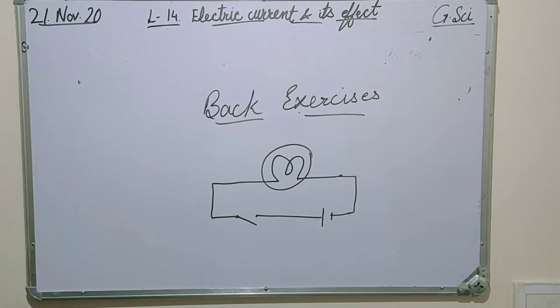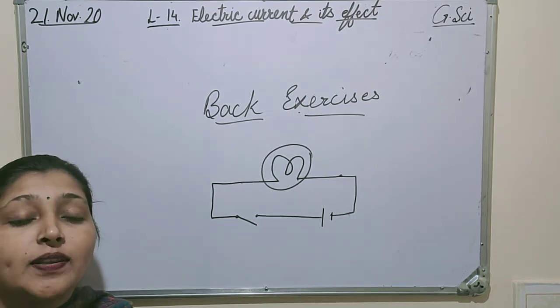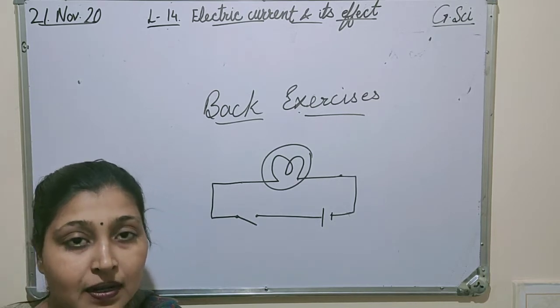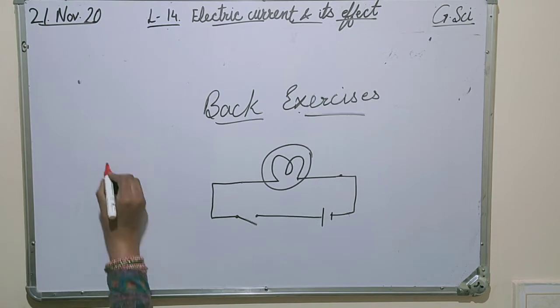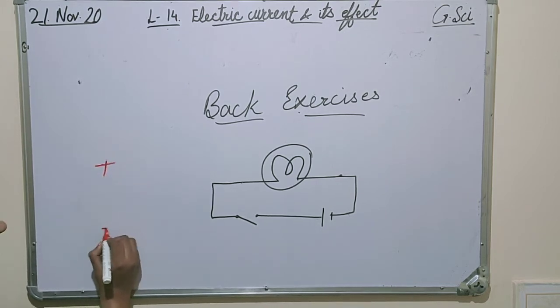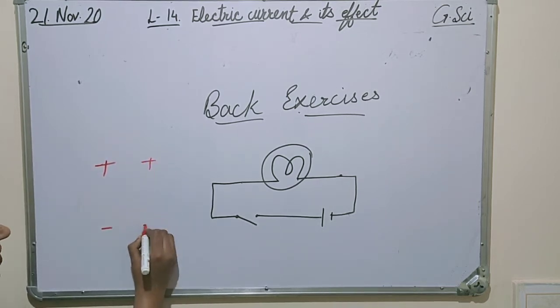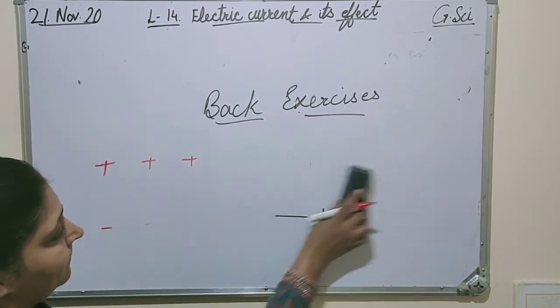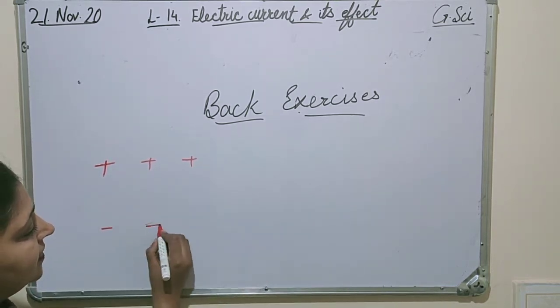Okay. Now next, in the third, you just have to draw the lines. How can you connect these cells? Simple. You can connect the positive to the negative. There are 4 cells given in this manner. Isn't it?